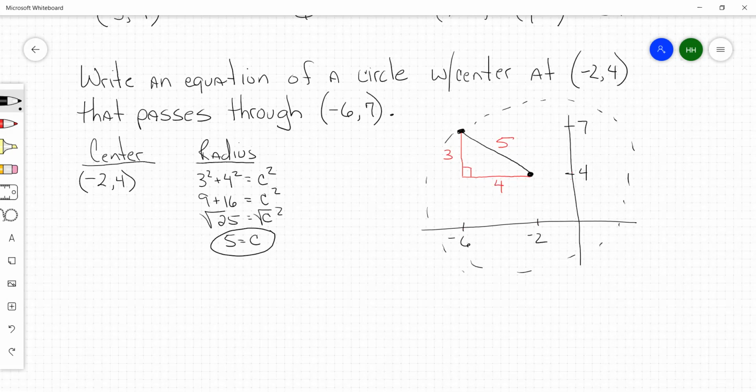So for this equation, now you know the center and you know the radius. So we're going to go (x plus 2) squared plus (y minus 4) squared equals 25.